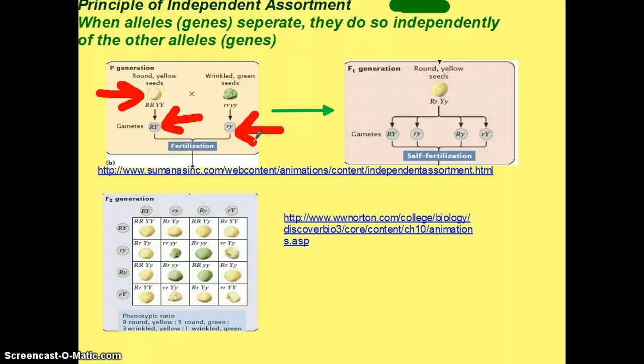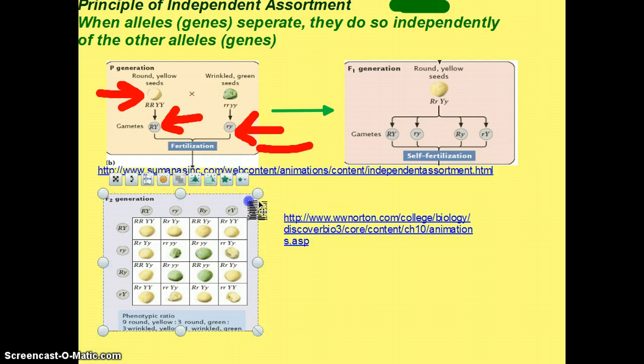But if we take over here, and we move across to here, here's that gamete. Capital R, little r, capital Y, little y, heterozygous. That's my F1. Look how many different gametes that can produce.